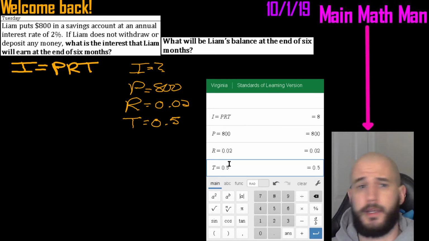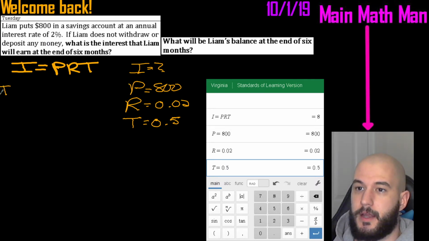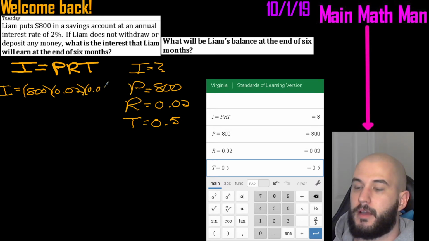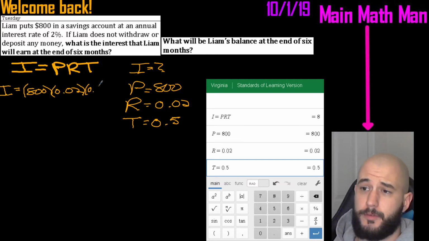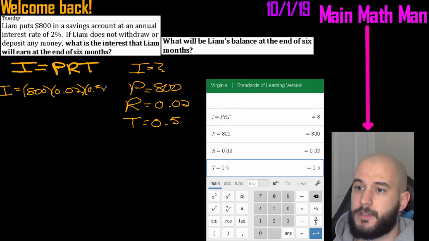We just multiplied these three numbers together: 800 times 0.02 times 0.5. My fault, we just had the 0.5. So let's make sure we write that. The interest over that short amount of time is going to be $8.